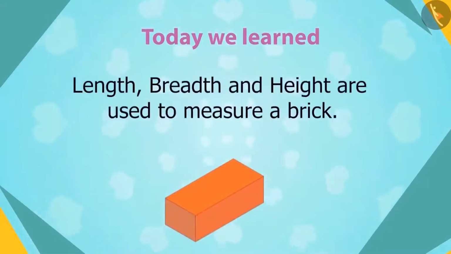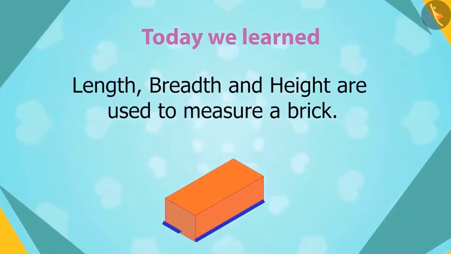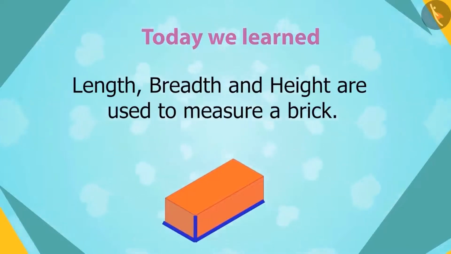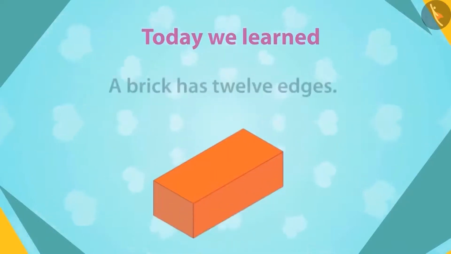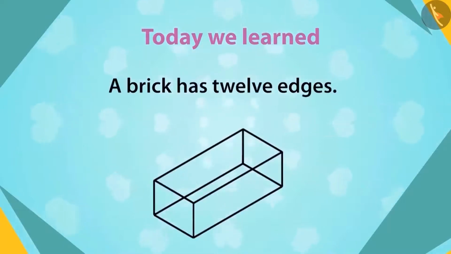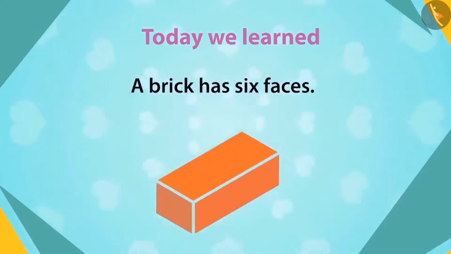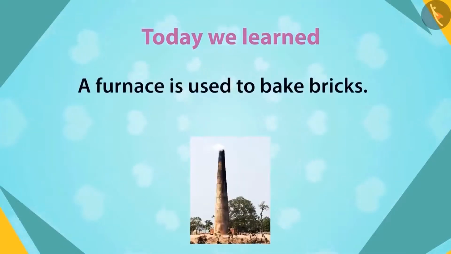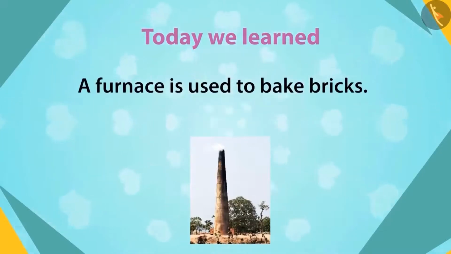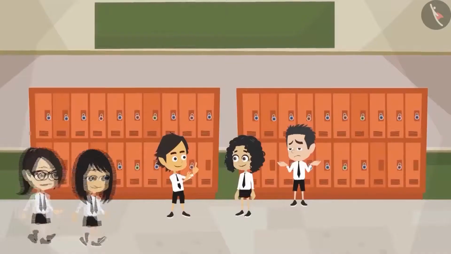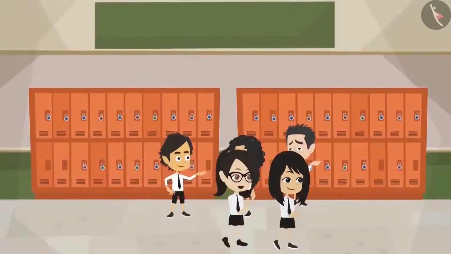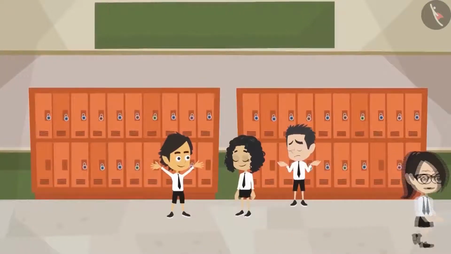The size of a brick is determined by measuring its length, breadth, and height. A brick has 12 edges. A brick has 6 faces. Bricks are baked in furnace. I am waiting for tomorrow because engineer sir will get different sizes of bricks to show us. Me too.